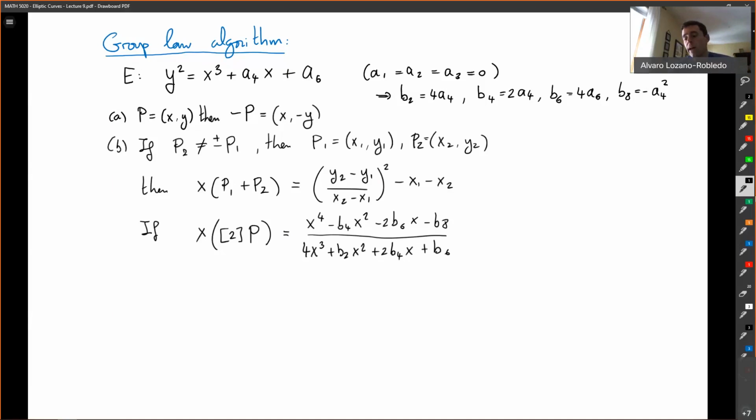Knowing the x coordinate, you can use the equation of the Weierstrass form to find what y is. All right, so I'm not going to prove these formulas. It's just pushing symbols around.